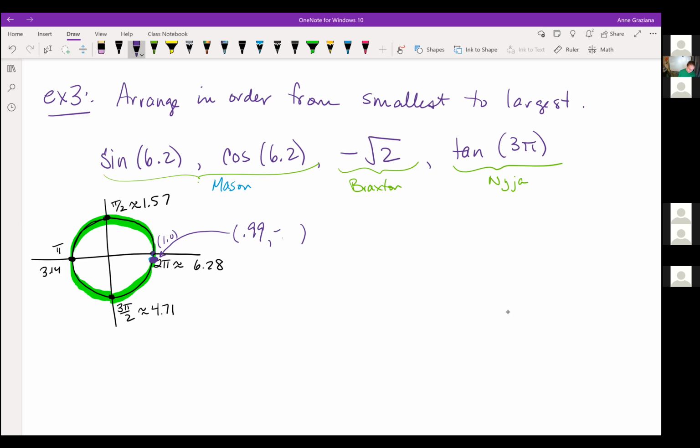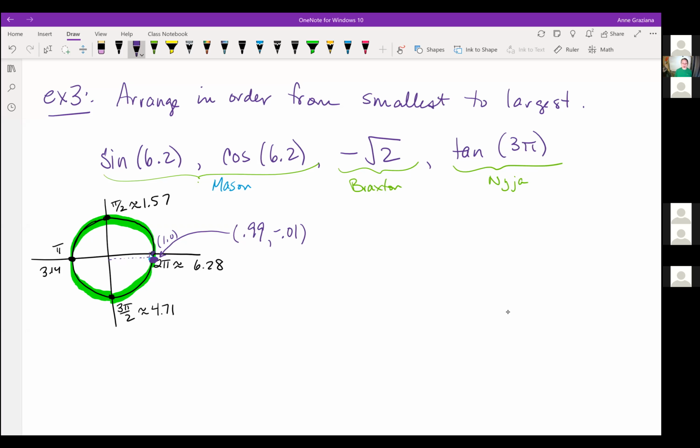So maybe about negative 0.1, or I would even say negative 0.01. I mean, it's right below the x-axis, okay? So if you look at Y to get to this Y coordinate, you're just below there and just before the 1. Any questions on how we get those coordinates?